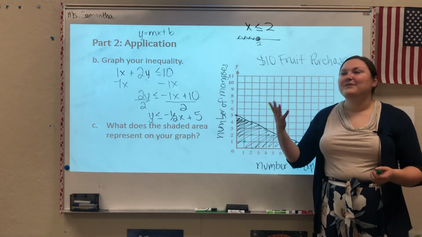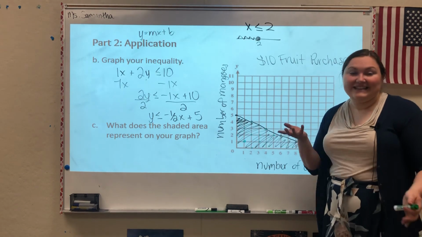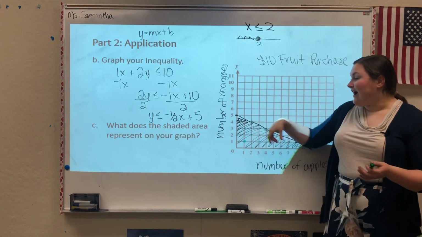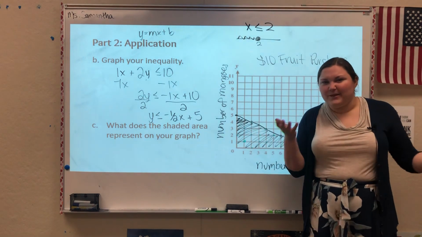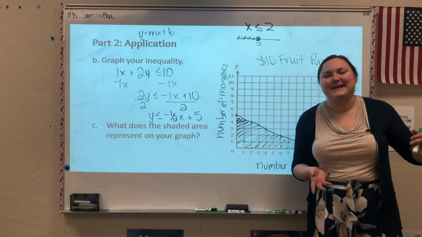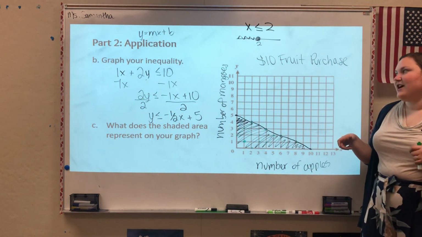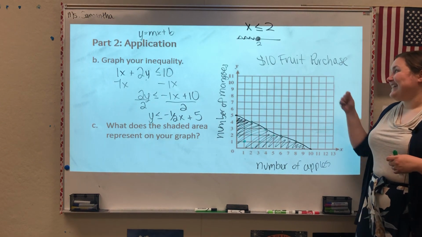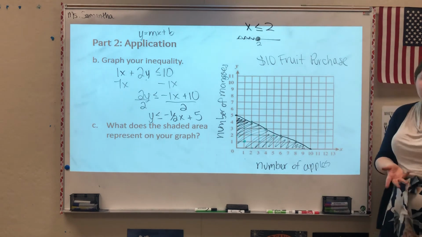I'm thinking back to one of our examples where it was how many cups of lemonade does she have to sell to make at least $100. Your graph might show all the different cups of lemonade she might need to sell. Maybe she's selling more than one thing, so it might show a combination of how many lemonade she needs to sell and how many water she needs to sell. But it's always going to go back to what that question is talking about. The question I would be asking here is, what can I buy with $10? That shaded area is showing you the answer to that question.